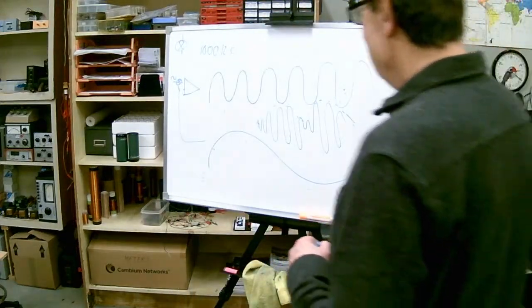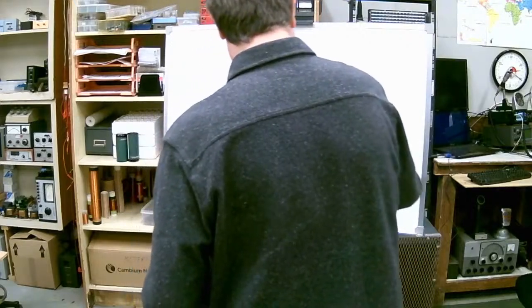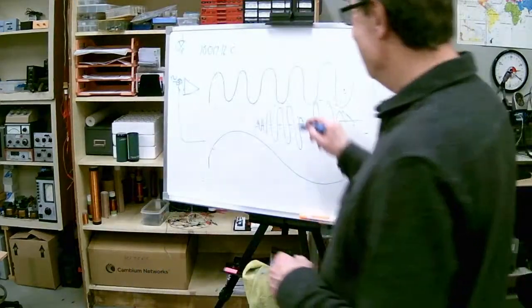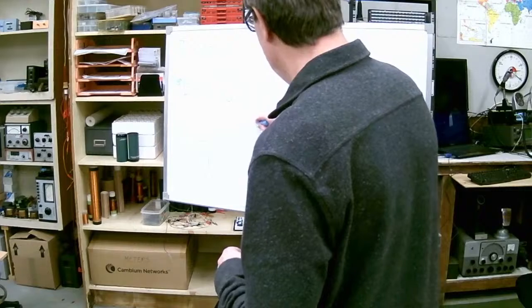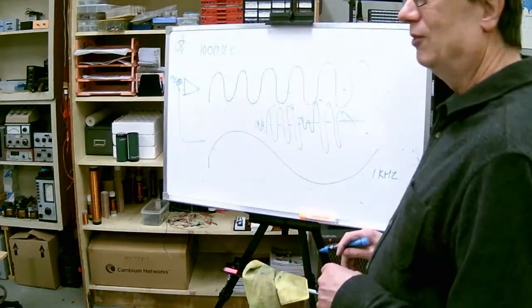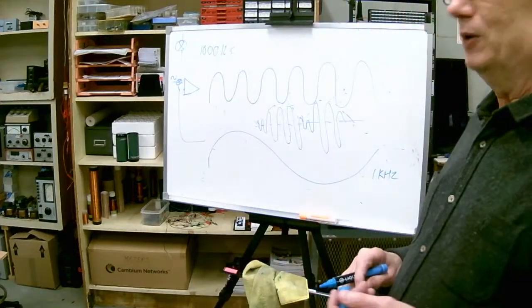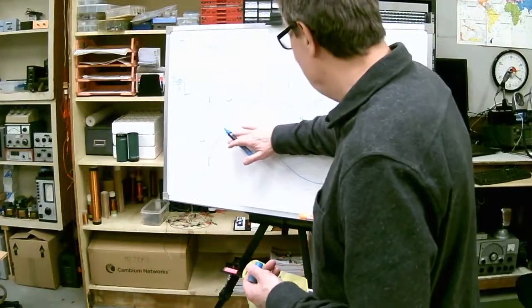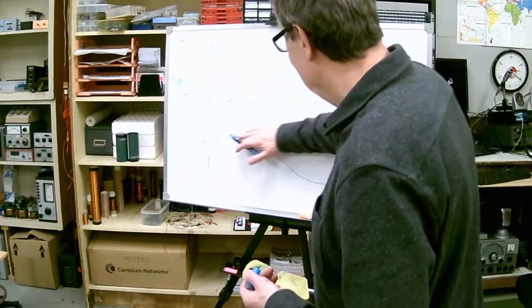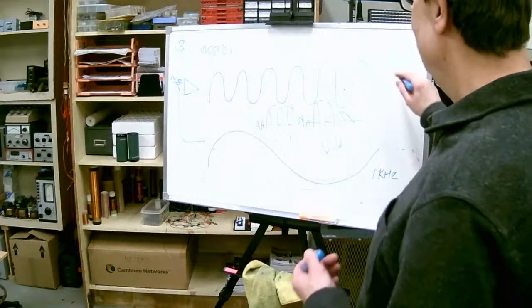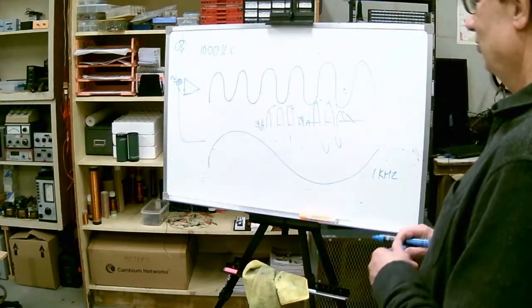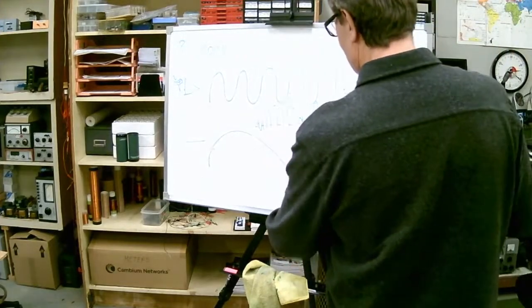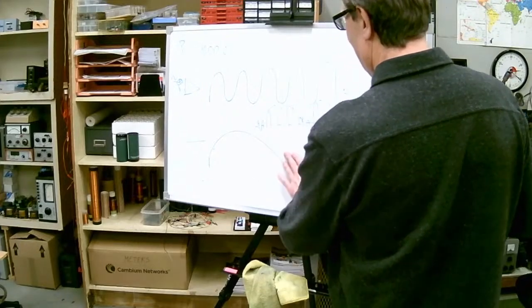This is our carrier going through space. So we need to detect this envelope here, okay? And the simplest way of doing that is just to wipe off the bottom half here. You just use a diode to conduct in one direction. So that's our fundamental diode, your AM detector. Wipe off the bottom there.